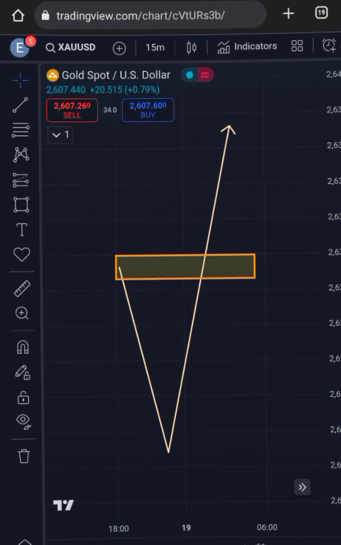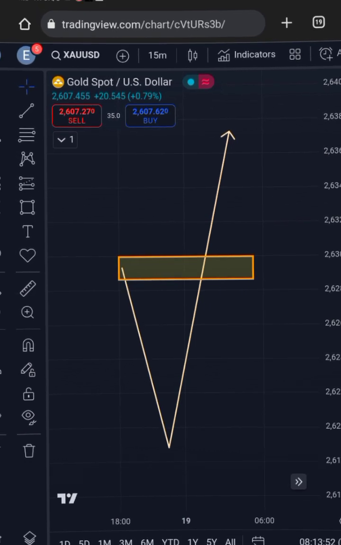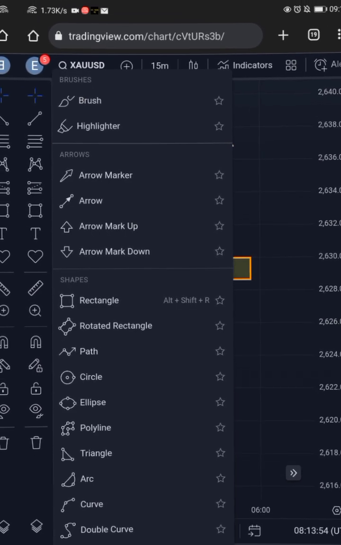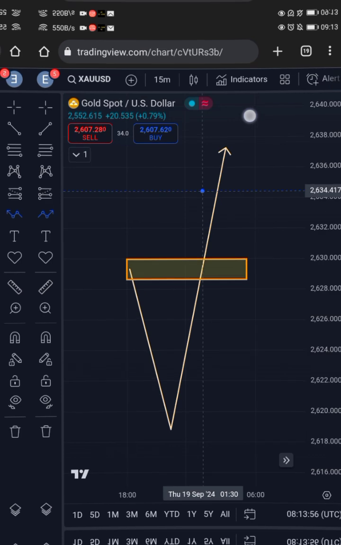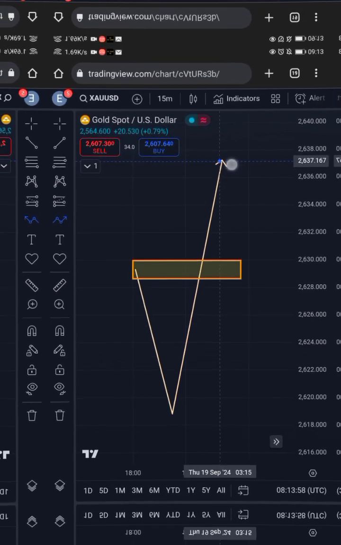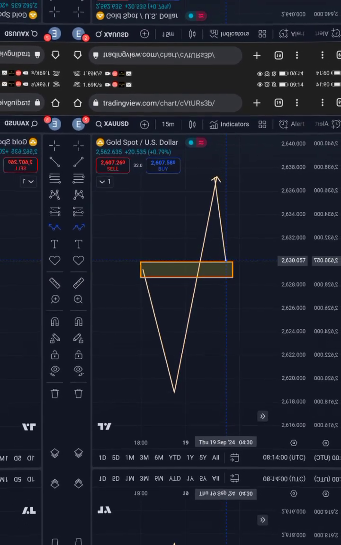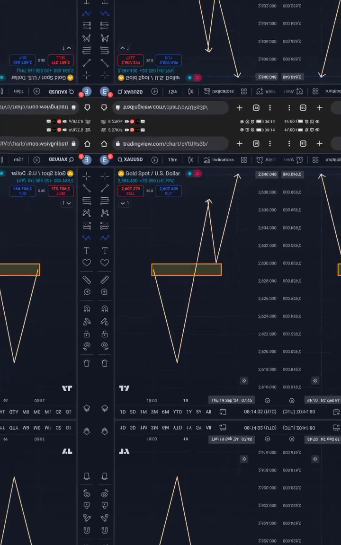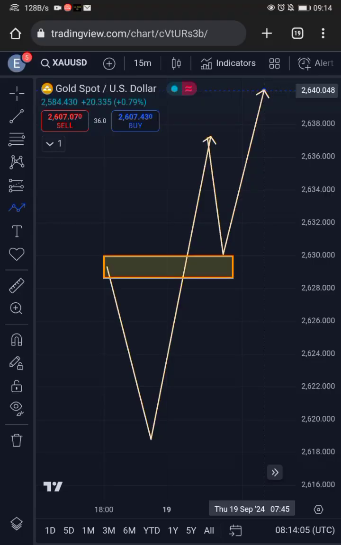This is what they really call break and retest. It will break to the upside, come back and still respect this level, and then go up again. So this very one is a trending market, meaning the market is trending upward.